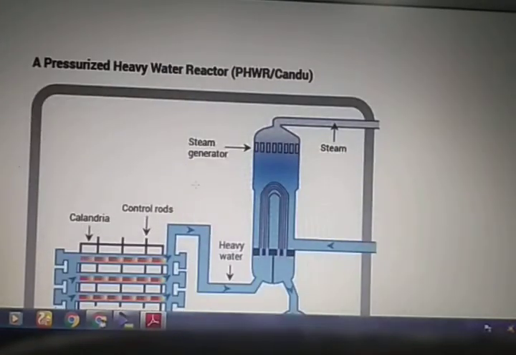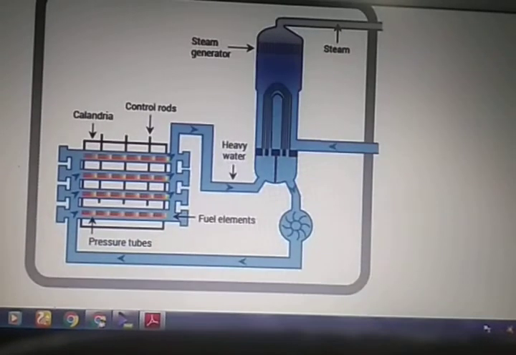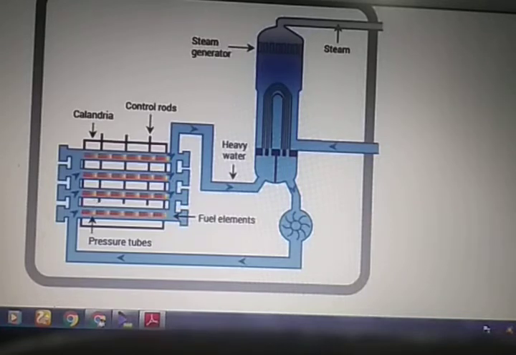There is another type of nuclear reactor also, the pressurized heavy water reactor, PHWR. See, this is here. The fission process takes place just outside the cylinder. Heavy water is here. This is steam.